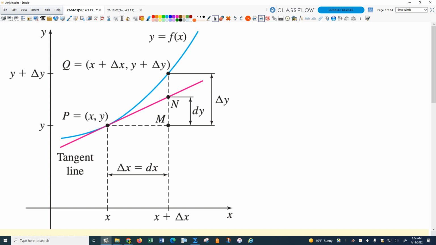Okay, here's the whole point of this thing. If we were to look at some blue function that's a curve, it's changing non-linearly. We want to approximate what's going on close to some point of tangency, some point that's convenient.